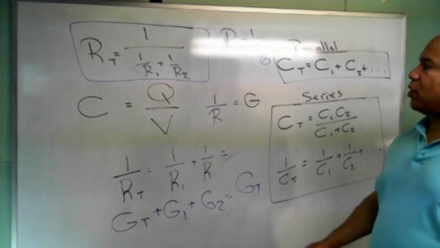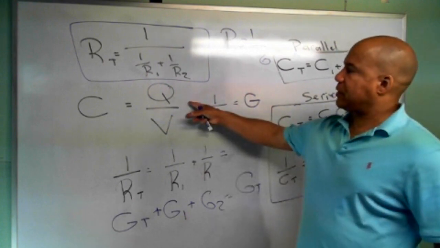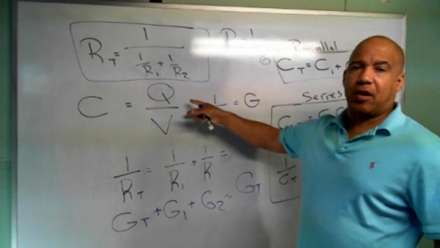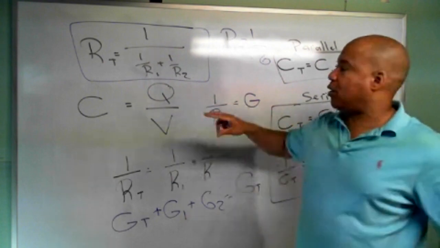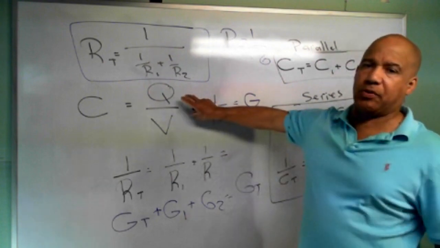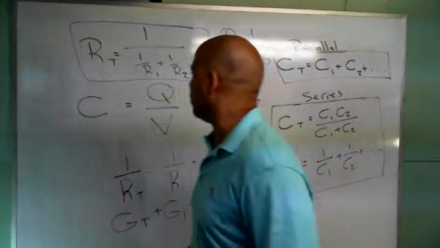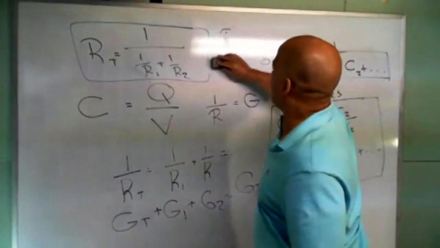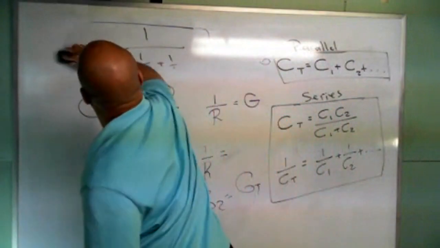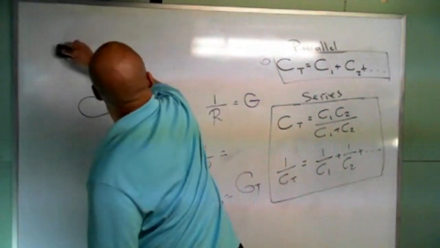So if there's no more questions, let me go to this. I'm calling it the Ohm's law for capacitors. If you look that up, you won't see it written this way. I'm saying for capacitors, this is the capacitor's Ohm's law. So let me get rid of this stuff. And you can see what this does for us.